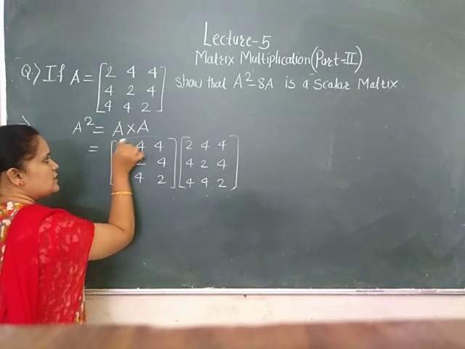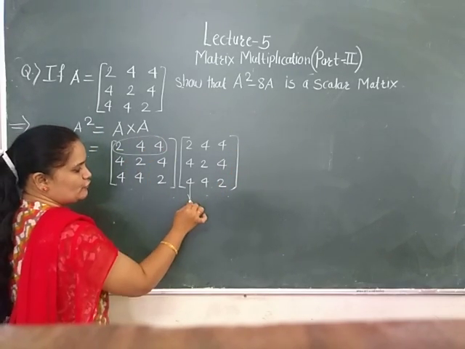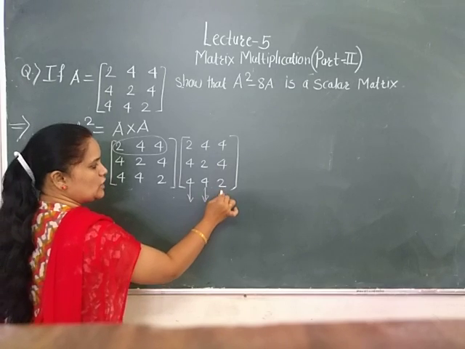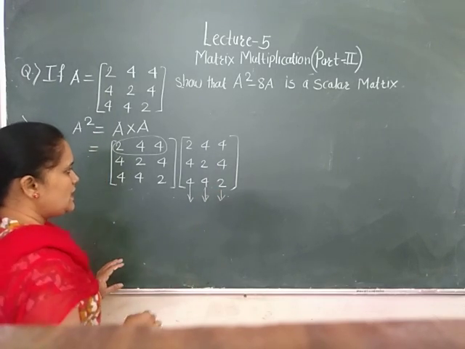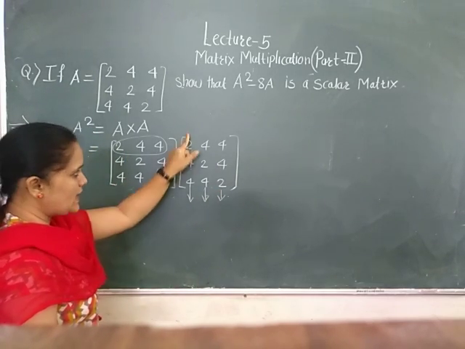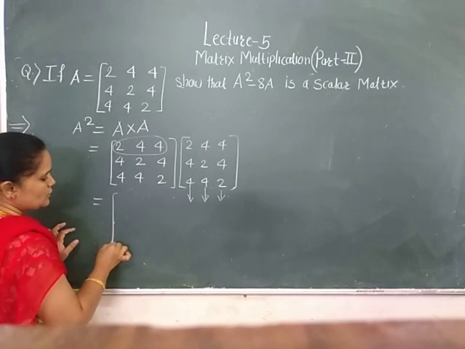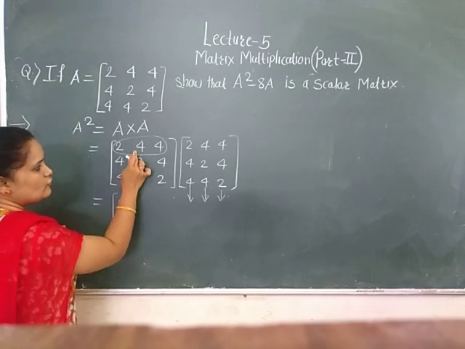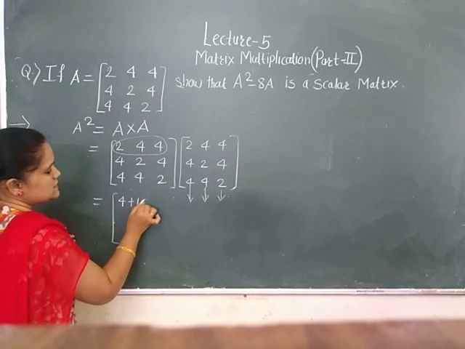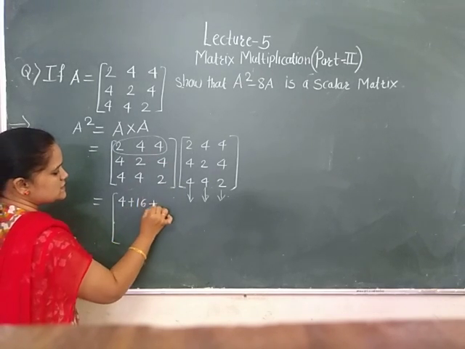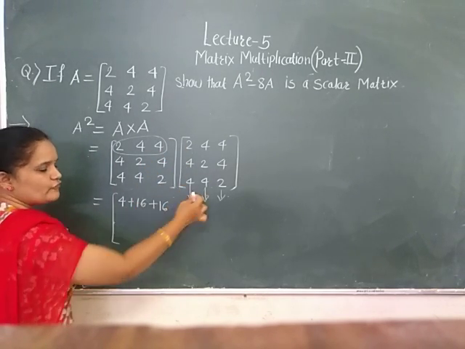Now first row will be multiplied to first column, then second column and then third column. Let's start with this first row and first column. In that 2 into 2, it gives you 4. Then 4 into 4, 16. 4 into 4, 16. First row, first column.